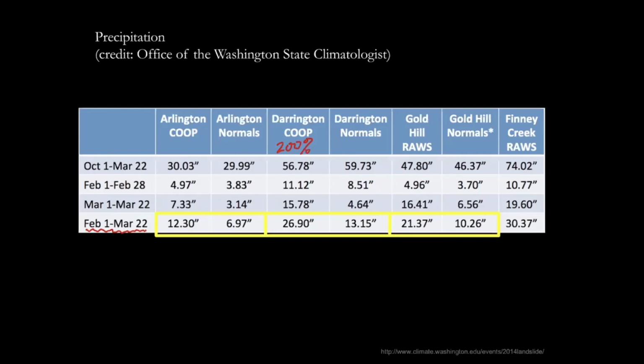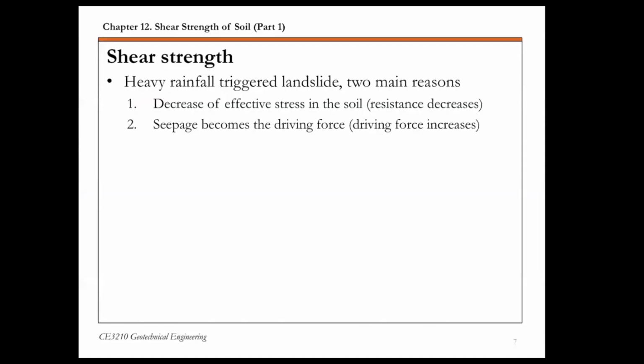And there are a couple of reasons why you see landslides happening after heavy rainfalls. The first one is because of the rainfall, the initially moist surface soil will become saturated. And this saturation of surface soil leads to an increase in pore pressure.